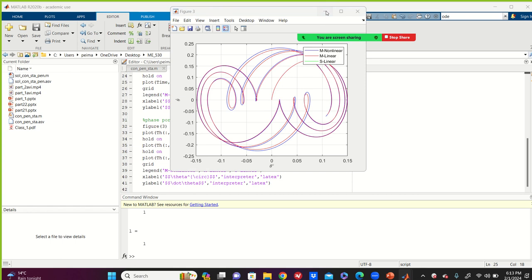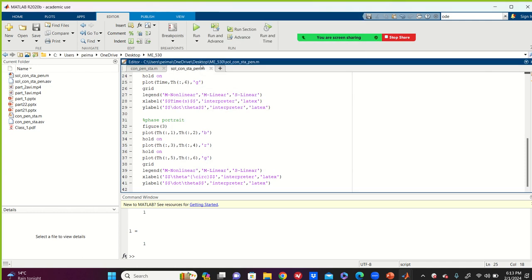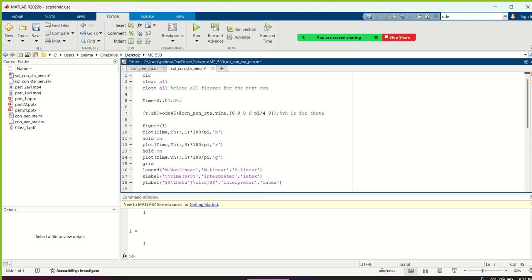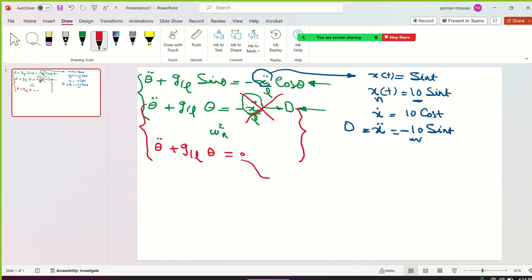Okay. Why doesn't it work? Oh, oh my God, I'm stupid, guys. Sorry. This is no disturbance. I have to give some initial conditions. I'm starting from 45 degree. Look at here, guys. When I say this, it means that there is no disturbance to move it. So remember that I solved mathematically for you.